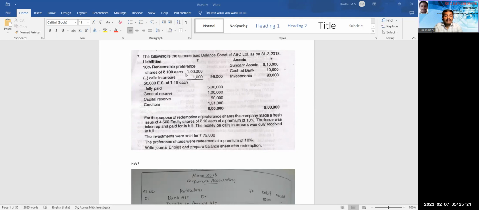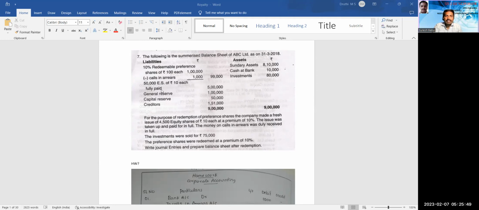Then on the liability side, you see 10% redeemable preference shares of rupees 100 each, inner column 1 lakh, plus calls in arrears 1,000, outer column 99,000. Always remember, when redemption of preference shares has to be made, then these calls in arrears must be received. Only then can you repay the preference shareholders.